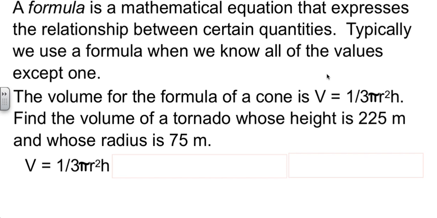Volume is 1/3 times pi r squared times h. We're going to find the volume of a tornado, because tornadoes are more or less an inverted cone. The height of the tornado is 225 meters, and the radius of it is 75 meters.